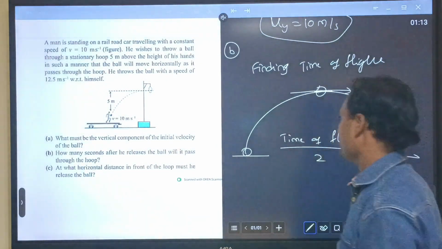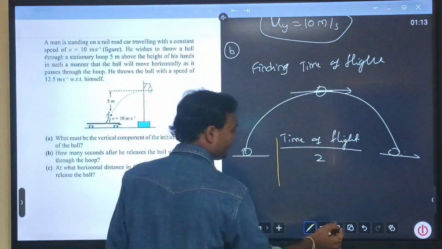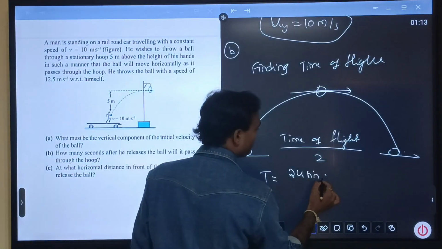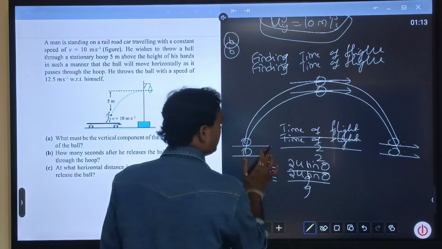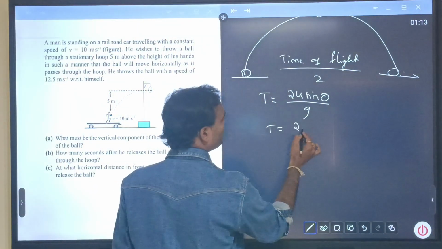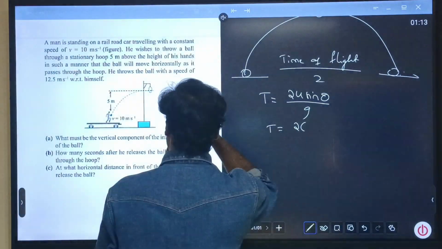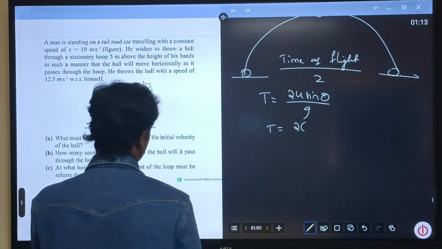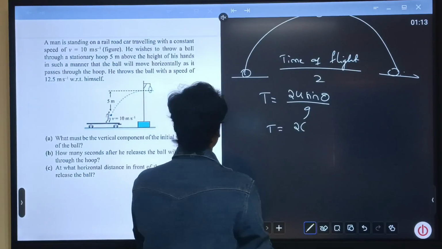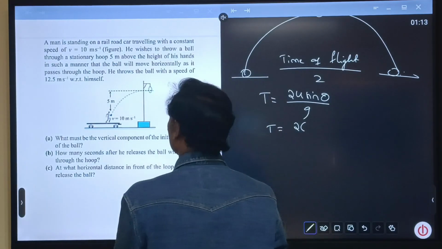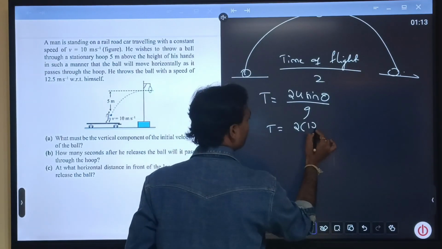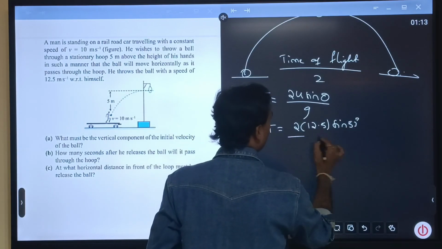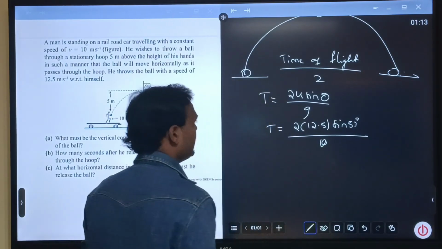Clear? Right. Now time of flight, let us assume t is equals to 2u sine theta by g. Then t is equals to 2 into u value they have given as 12.5, and sine 53 by g value, which is 10.